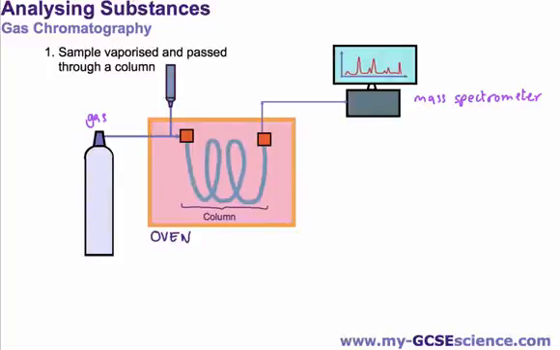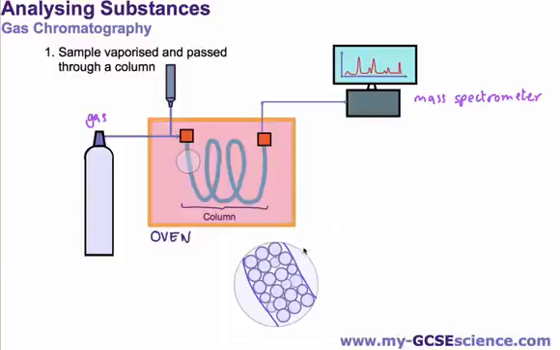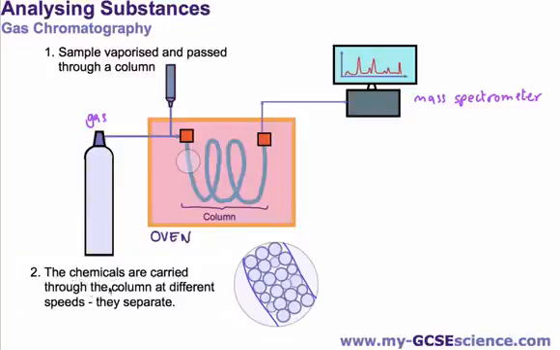If we magnify a part of this to see what's going on inside, we have a solid material packed inside the column. The chemicals are carried through the column, and because of the way the column is designed, different chemicals pass through at different speeds. And that means if they're passing at different speeds, they separate out.